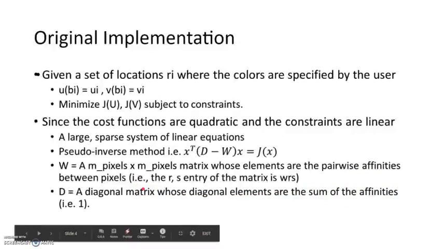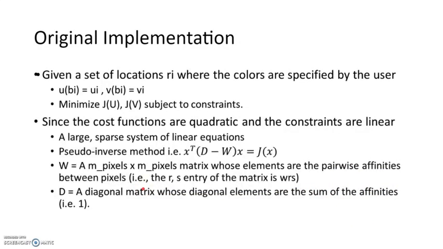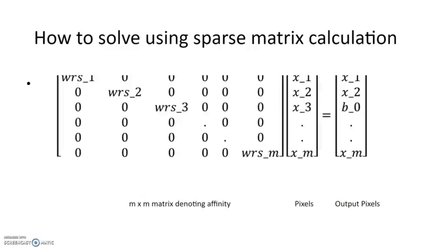And if we see this whole implementation in matrix view, we will have something like this. As we can see, this is a diagonal matrix and only the diagonal values are non-zero, everything else is zero here. So we can see that this W_rs is based on the affinity function here.